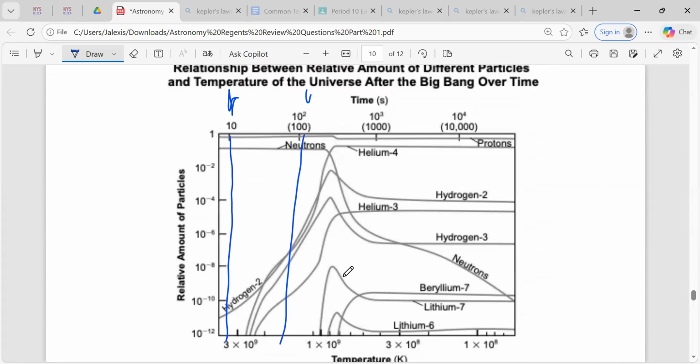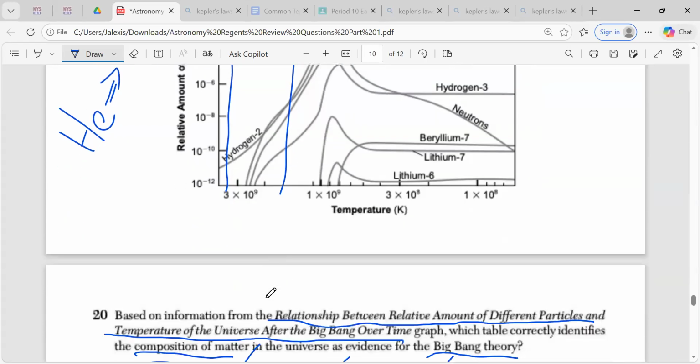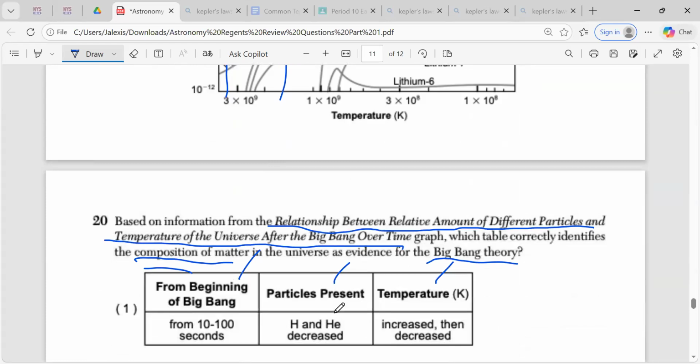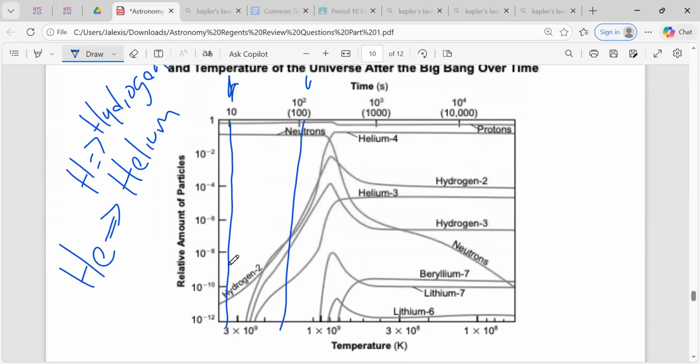Well, remember, H refers to hydrogen, right? That's the chemical symbol for hydrogen. And He, chemical symbol for helium. And it says hydrogen and helium decreased. Is that true? Did these particles decrease from 10 seconds to 100 seconds?